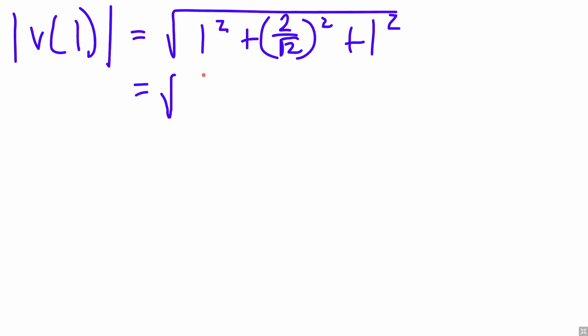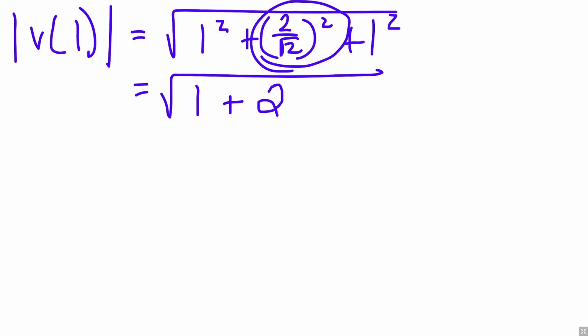So we're going to end up with the square root of 1 plus this piece here, which is 4 over 2, or just 2, plus 1. So we're going to end up with a value of 2. Any questions?